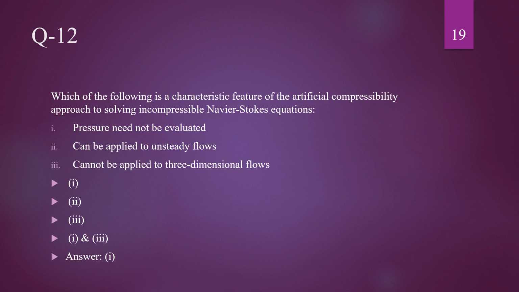Now we'll move on to question 12. In question 12, it is asked which of the following is the characteristic feature of the artificial compressibility approach to solving the incompressible Navier-Stokes equation. So the question is regarding the artificial compressibility approach to solve the incompressible Navier-Stokes equation.